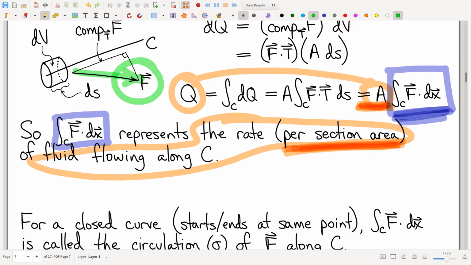Or if the answer had been work, cool, because we know what work is. The dissatisfaction, the anticlimactic aspect of this interpretation is just based on the fact that we have no previous familiarity with this. Why would anyone have any interest in how much the fluid is flowing along a curve?